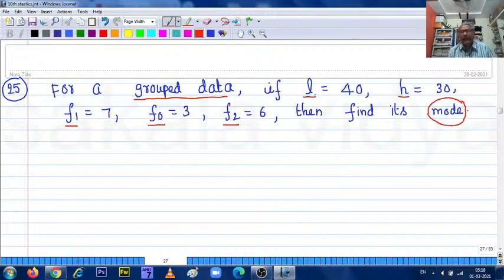First of all, write down the given data. After that, write down the formula to find the mode of the group data. Then substitute the L, F1, F0, F2 and H values. After simplifying and numerical calculations, you will get the answer for the mode. So let us proceed. Here, solution.